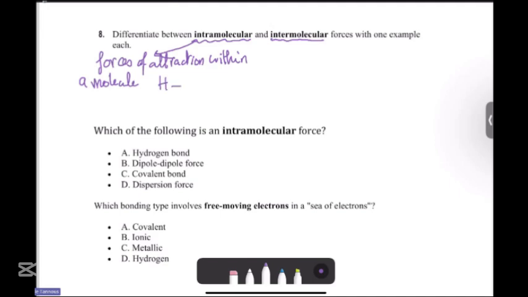So if I have H2O, these are the intramolecular forces. For example, the forces combining the atoms together within a molecule, holding atoms together.